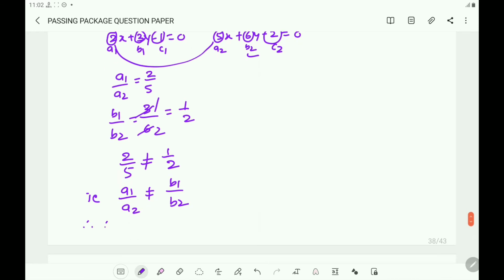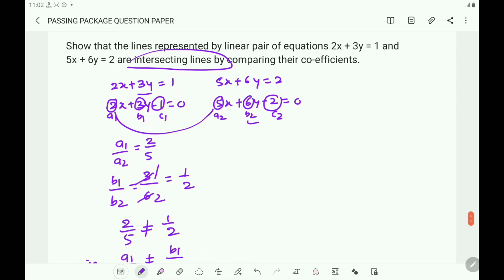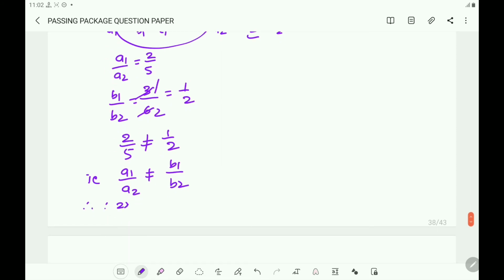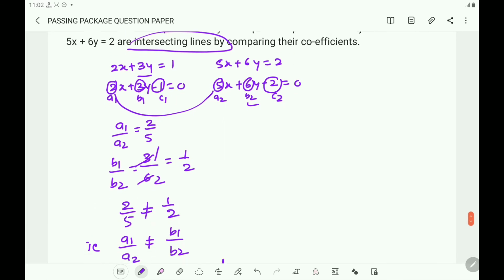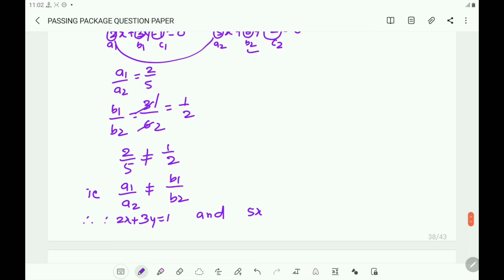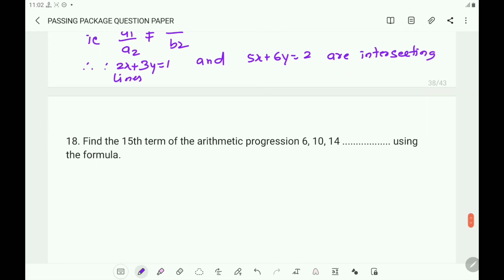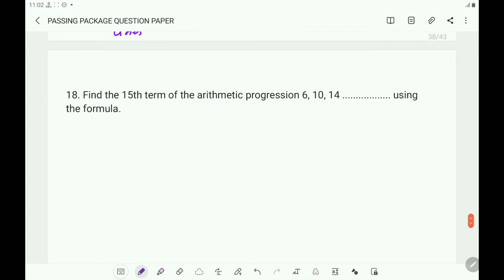Therefore the equations 2x plus 3y equals 1 and 5x plus 6y equals 2 are intersecting lines. That is the solution.